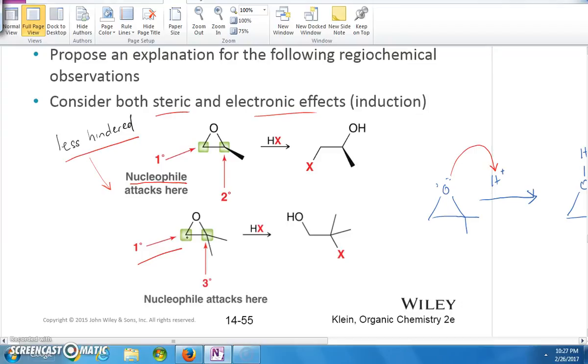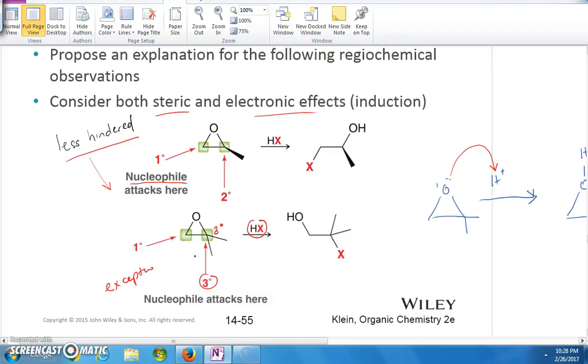Okay, now that's what we expect, but there is actually an exception here. In the presence of acid, when you have a tertiary carbon, the nucleophile attacks at this tertiary carbon and not at the primary.